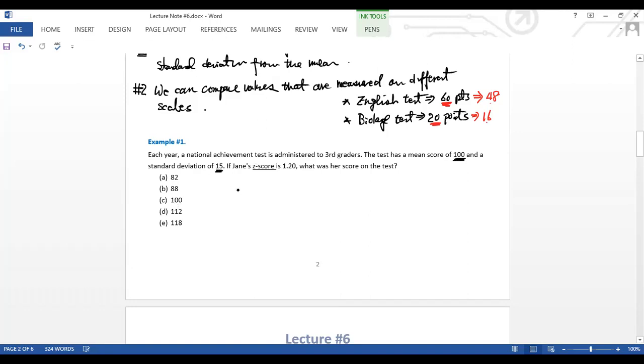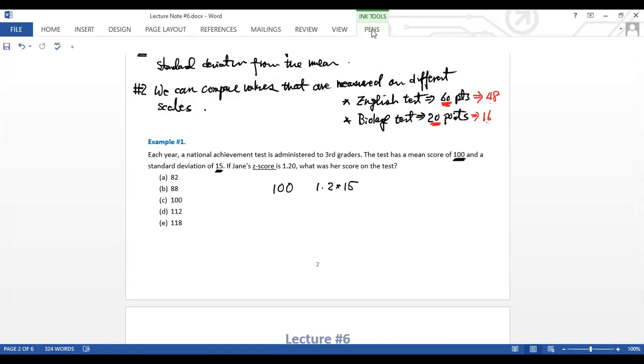If Jenny's Z-score is 1.2, what was her score on the test? We know the Z-score is how many standard deviations away from the mean, right? The mean is 100 and I am 1.2 standard deviations away from the mean, so that means 1.2 times 15 away from the mean.